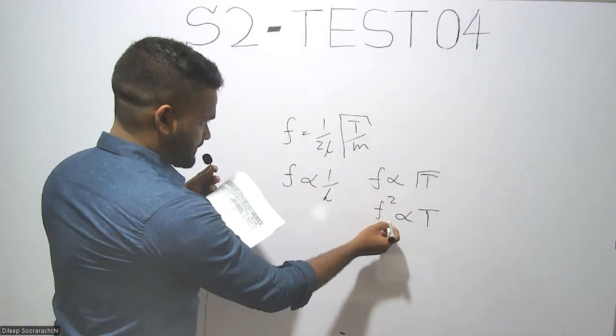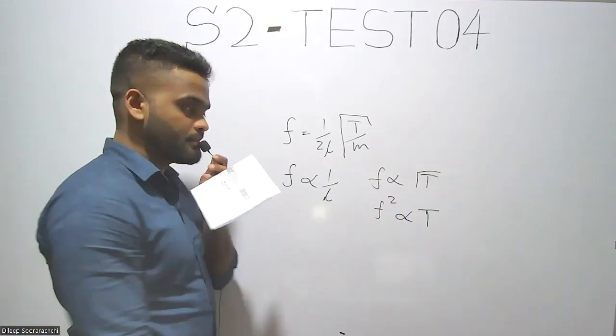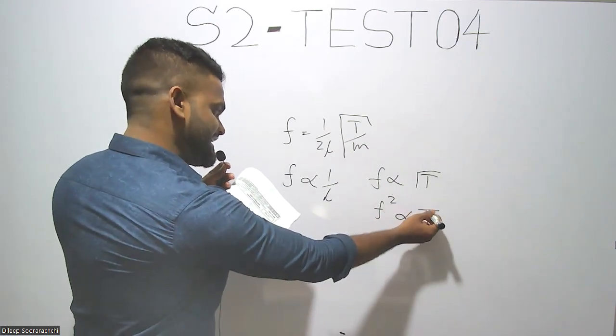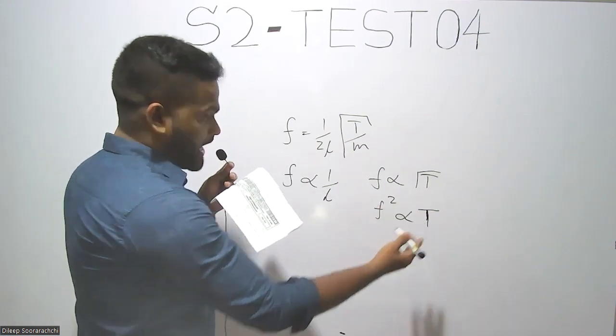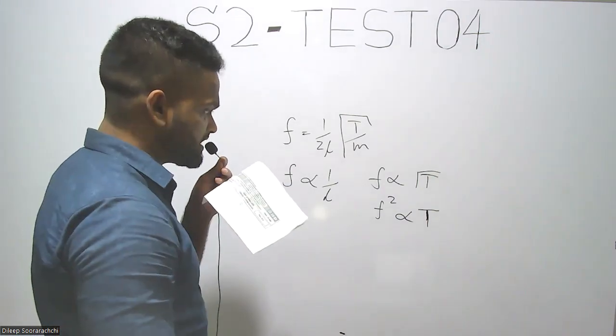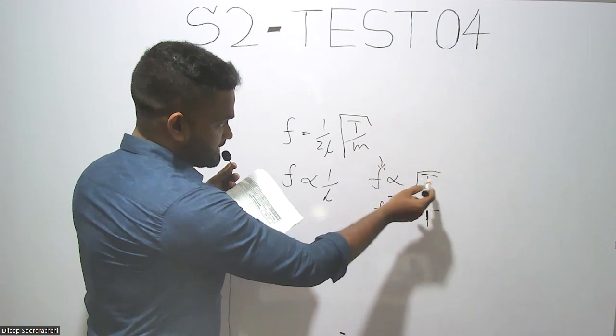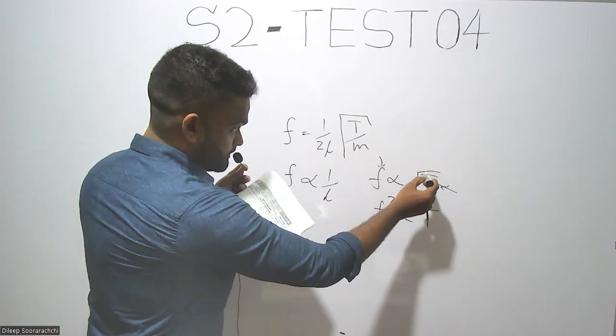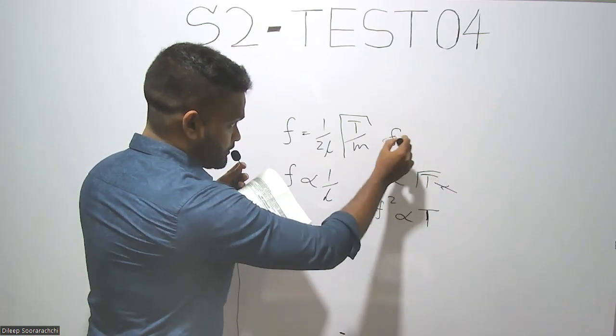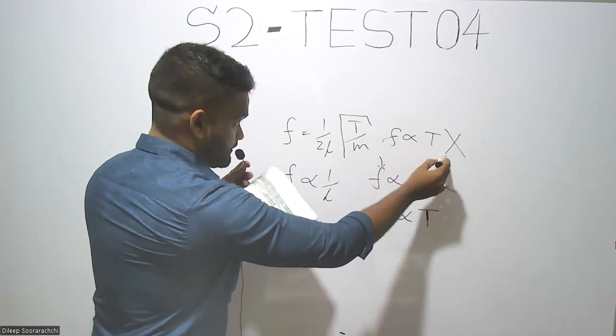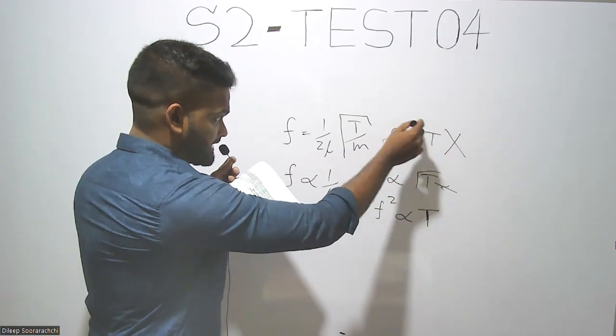The meaning of this is that between f squared and T, where T means the tension, we have a linear combination. But between f and T without the root, we don't have a linear proportionality like this.